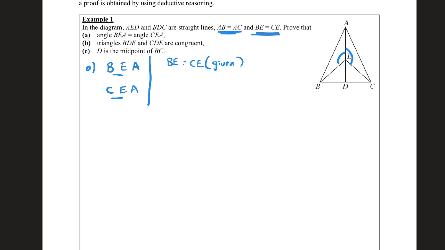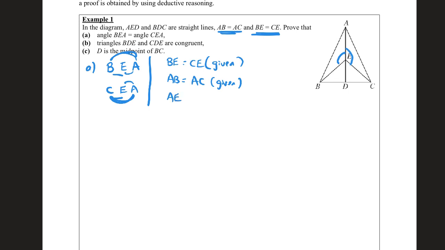And I also know that AB and AC are... always refer back to the three letters you wrote there instead of going straight into the diagram. So AB equal to AC, and this is also given. And since we know that AE is a common length, they are the same length, right?